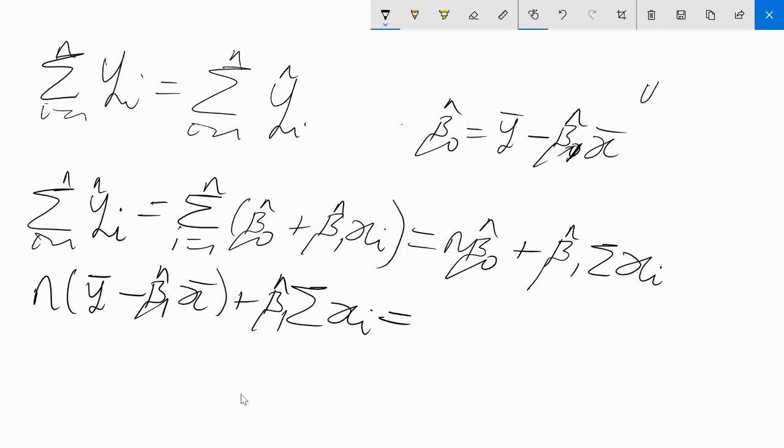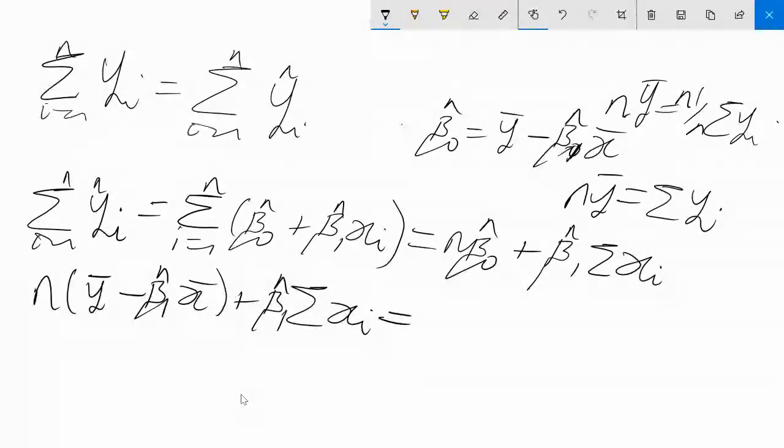Remember I said that y bar is 1 over n summation of yi. So if I multiply here by n, and do the same here, then n y bar will be equal to summation of yi.